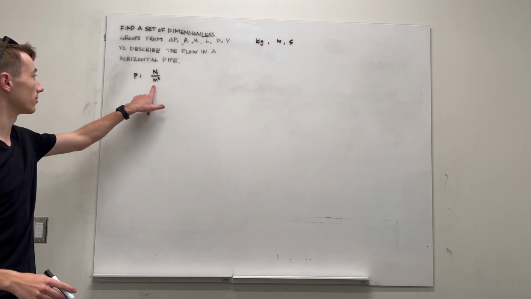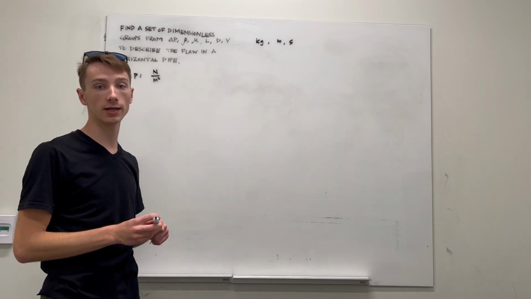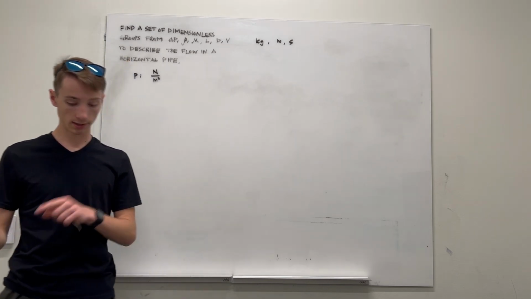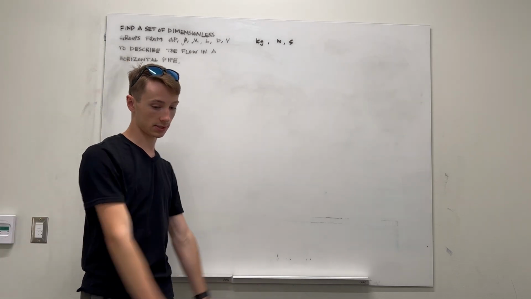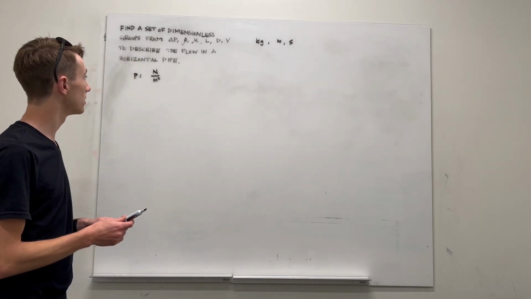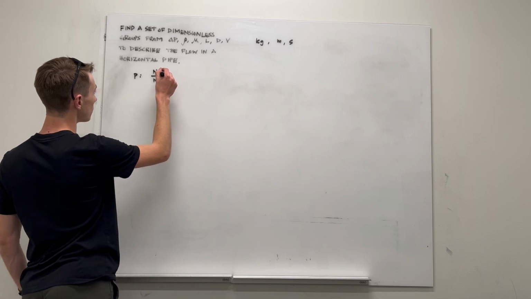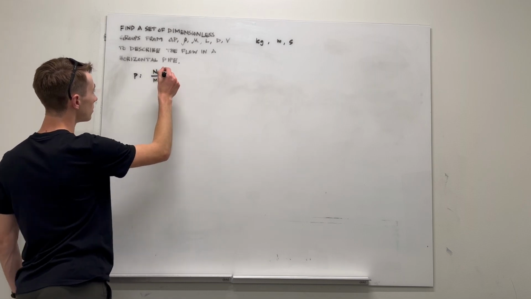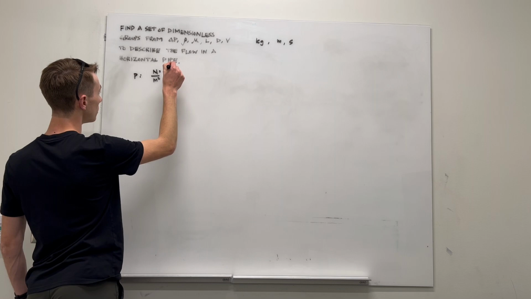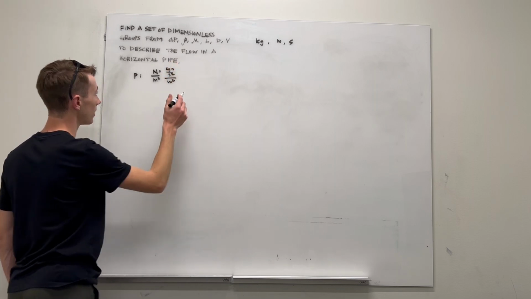So we got our meters there, but what's a Newton? Well, a Newton accelerates 1 kilogram 1 meter per second squared, right? So a Newton is equal to a kilogram meter per second squared, over meters squared.